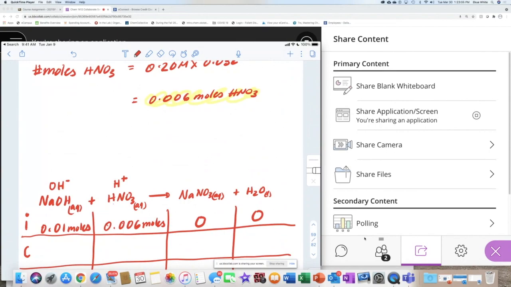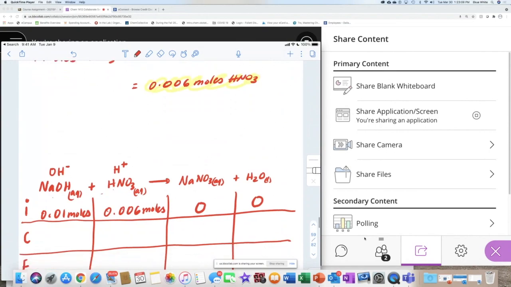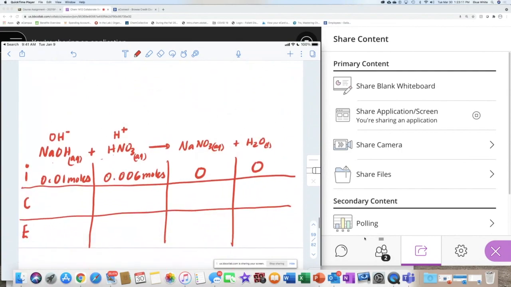And now they have to react. Is this equation balanced? Yes. And this reaction is going to react according to stoichiometry. Remember how we did before: minus x for the reactants, plus x for the products. Which of these two controls which one reacts? Since we have a limiting reagent scenario, we don't have equal amounts of both reactants. The lesser amount will run out first.